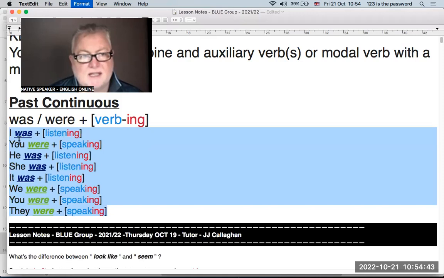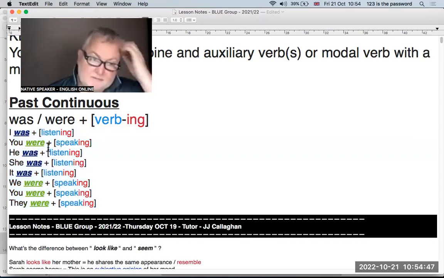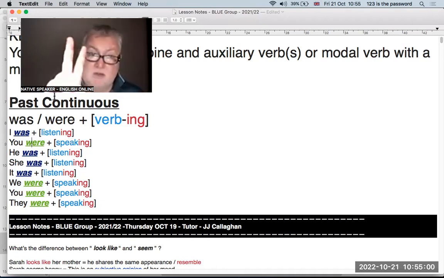That would be wrong, to say you was plus verb ing. What other mistake do students make? They sometimes say you were speak, you were spoke, you were spoken. So with the past continuous, you need two verbs. What are they? Was and were plus verb ing.